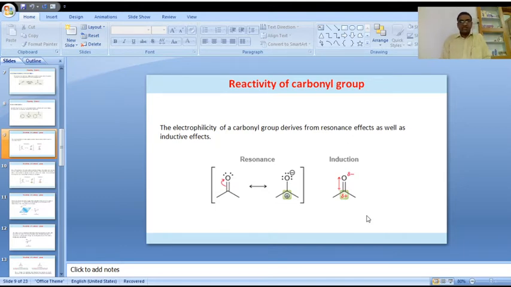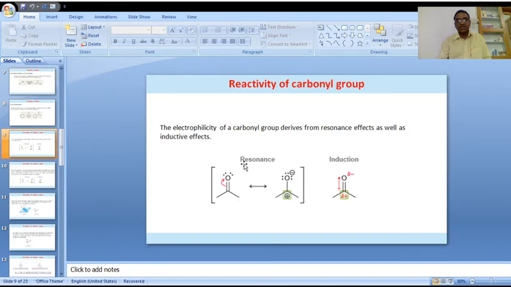In this reactivity, the electrophilicity of a carbonyl group derives from resonance effects as well as inductive effect. Based on the resonance effect, in the carbonyl functional group, pi bond cleavage takes place. In that case, oxygen gets a negative charge and the carbon atom gets a positive charge.